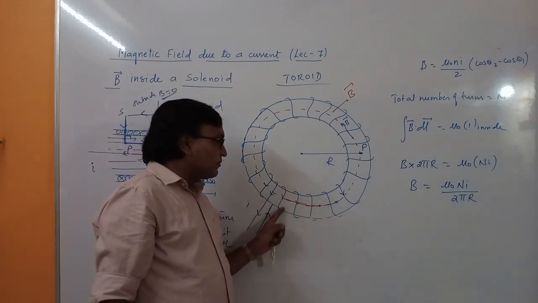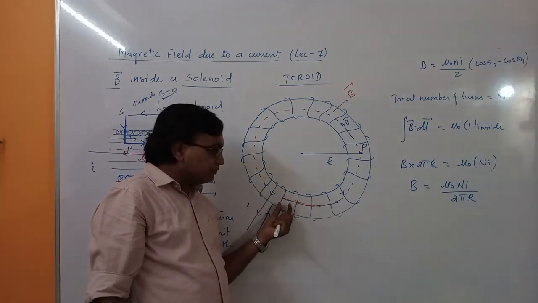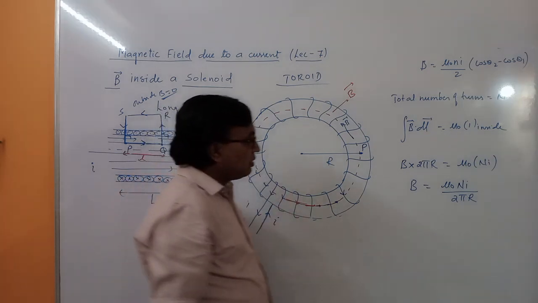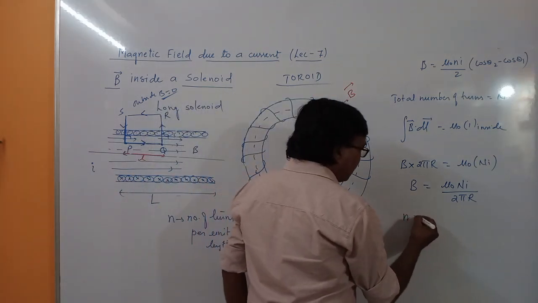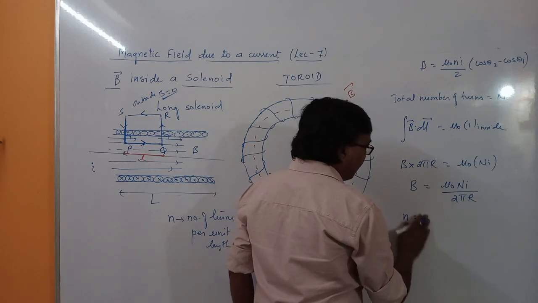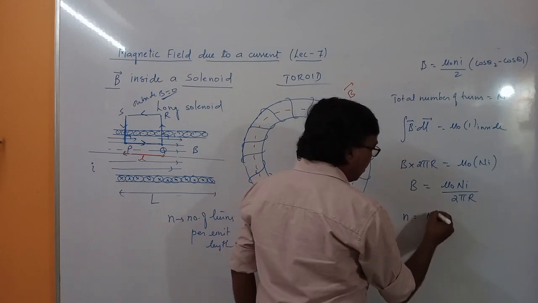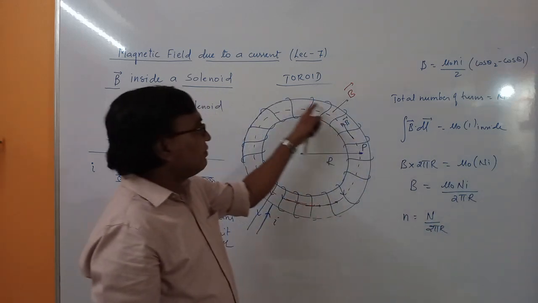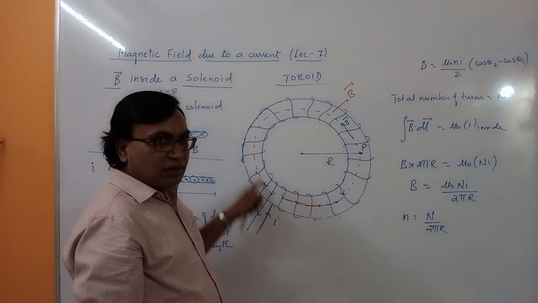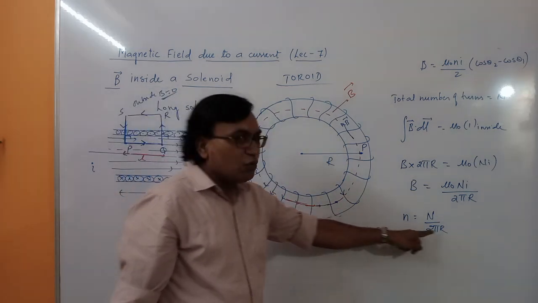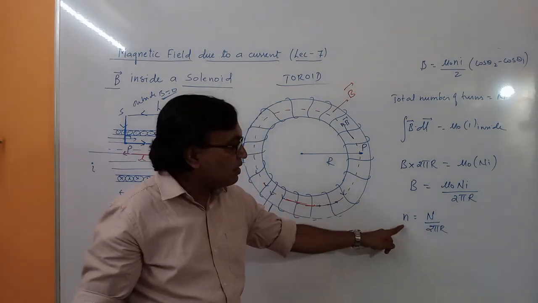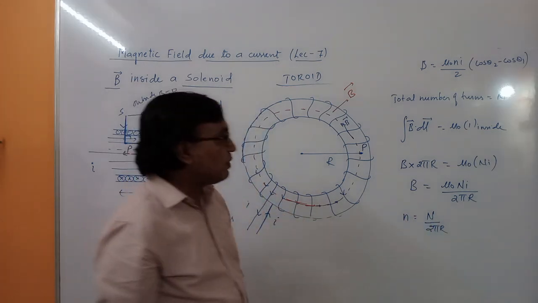So we will get the same result actually. Suppose these loops are closely wrapped on this, then the number of turns per unit length will be the total number of turns by the length. The length is the circumference, that will be 2 pi r. So you have N number of turns in this particular length 2 pi r, then the number of turns per unit length will be N by 2 pi r.